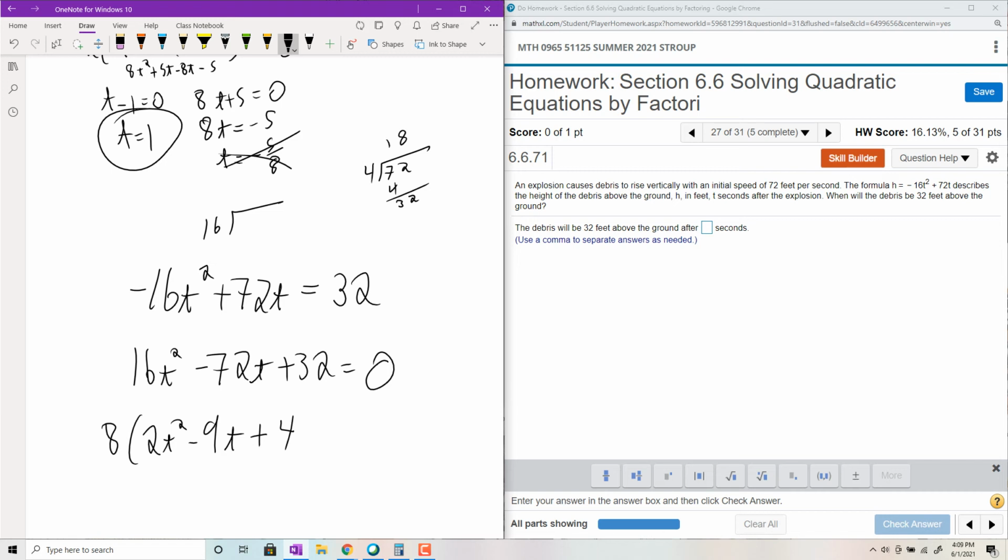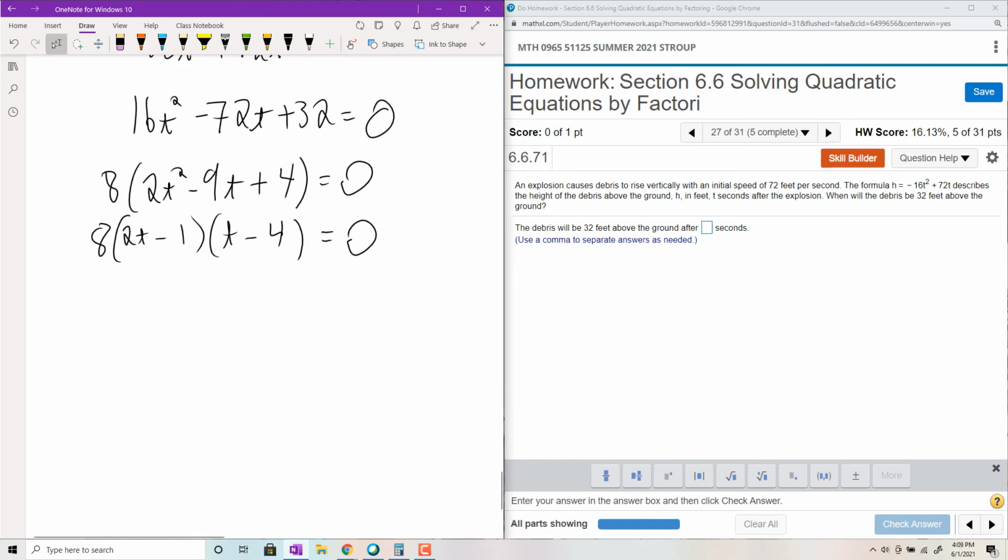Yeah, that's as good as we're going to get it. And then factor this thing. So we'll have 2t and t, and then probably 4 and 1, right? Make sure it works. 2t squared minus t minus 8t is minus 9t, so that works.